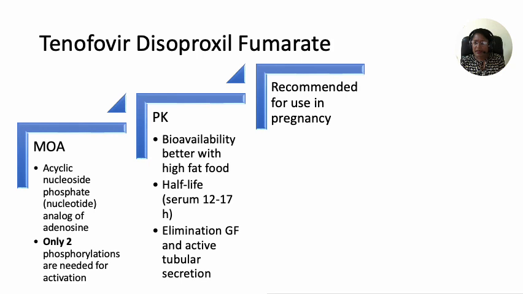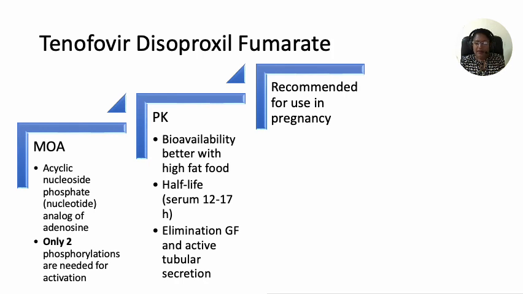It competitively inhibits the HIV reverse transcriptase and causes chain termination after its incorporation into the DNA. However, only 2 instead of 3 intracellular phosphorylations are required for activation of tenofovir disoproxil fumarate to inhibit DNA synthesis. This disoproxil fumarate is water soluble.